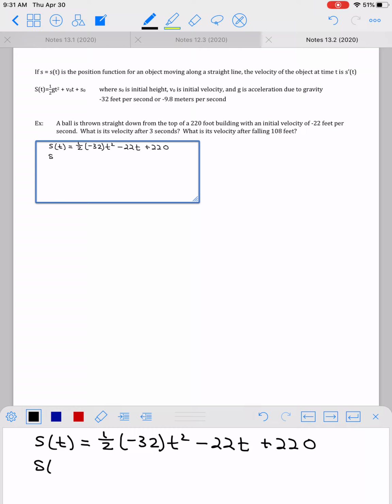And then if I clean up my function, I get negative 16t squared minus 22t plus 220. So there's our position function.